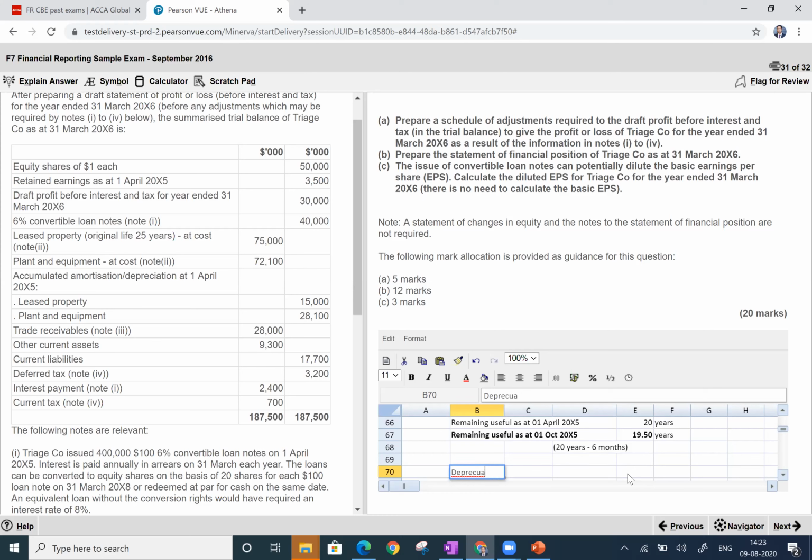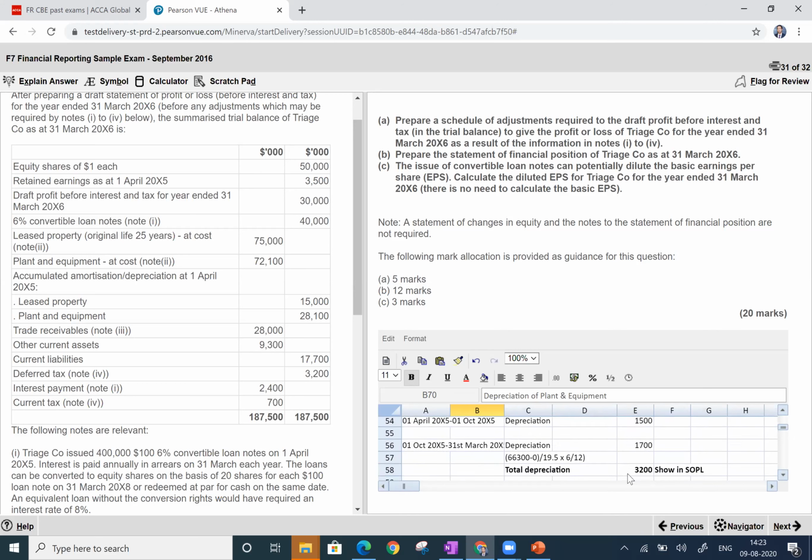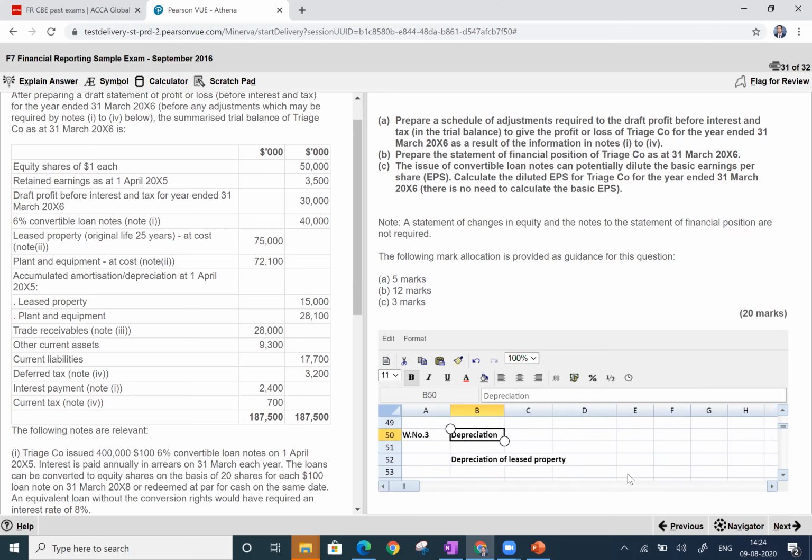So I'm going to write this as working note number 3, depreciation of leased property.